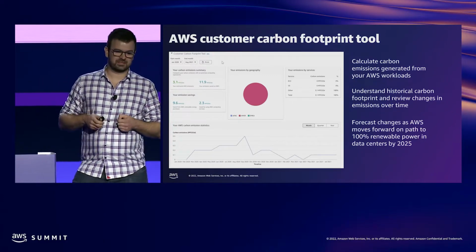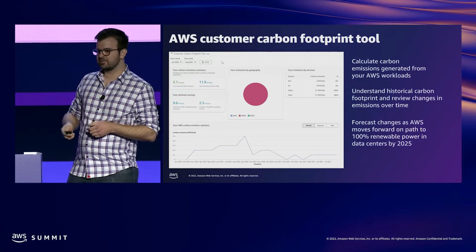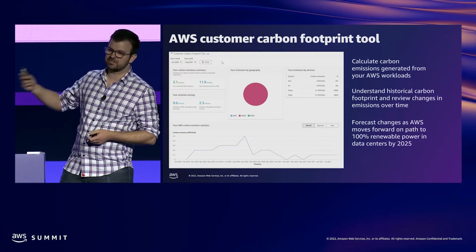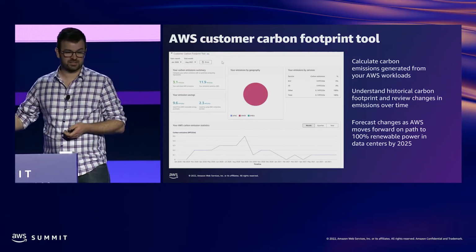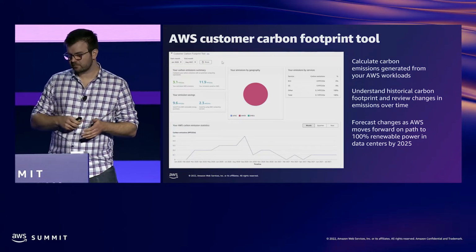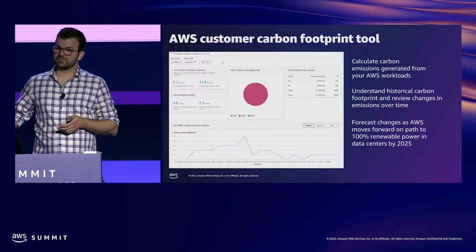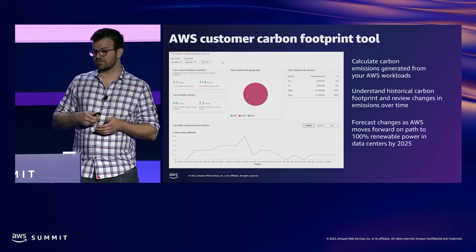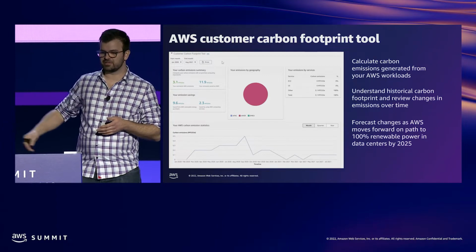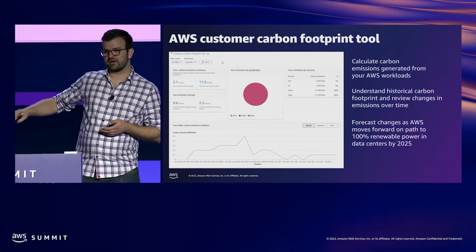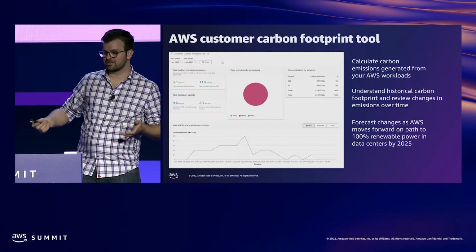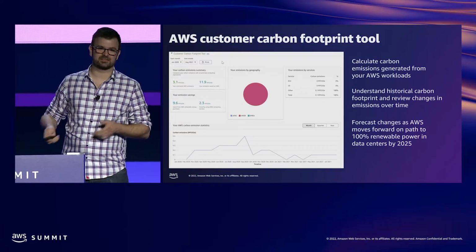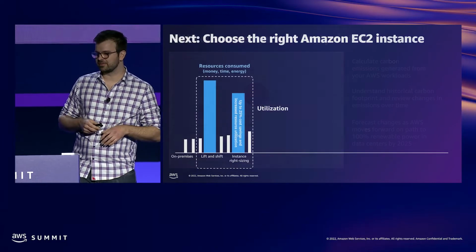And you can see your savings by using AWS or just see your raw emissions based on the region you're operating in or the service that you're using. And it lets you track this over time, and because it shows you your actual carbon emissions, you should hopefully see this graph over time getting much smaller as we work to reduce the carbon emissions from our data centers as we reach that 2025 goal.